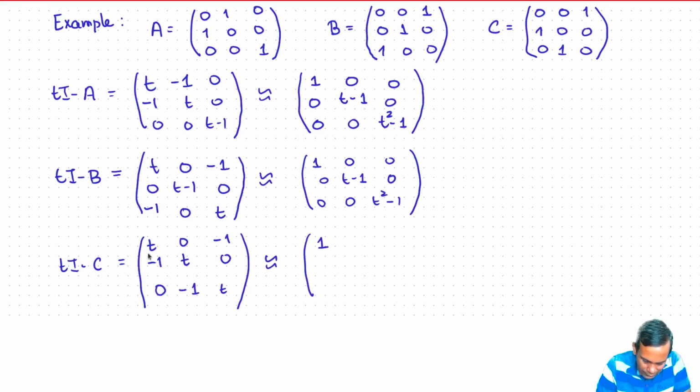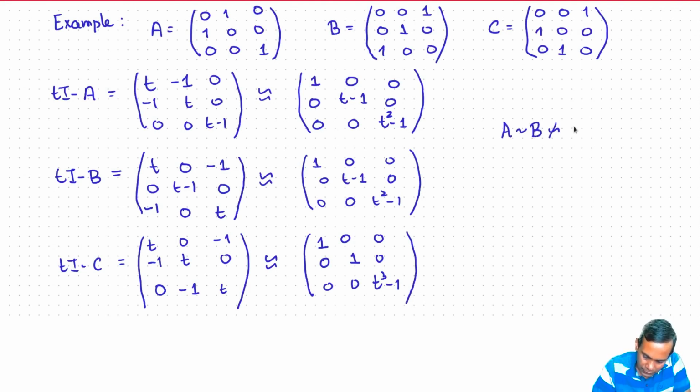For example, this bottom left minor here is just minus 1, so up to a unit it's 1. So the first two diagonal entries in the Smith form are 1, and the last entry is just going to be the determinant. You have to work out the determinant, and you can check that it is t cubed minus 1. So what we see is that A is similar to B, but these are not similar to C.